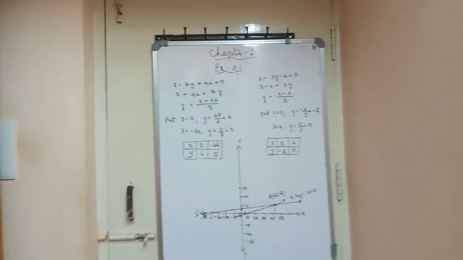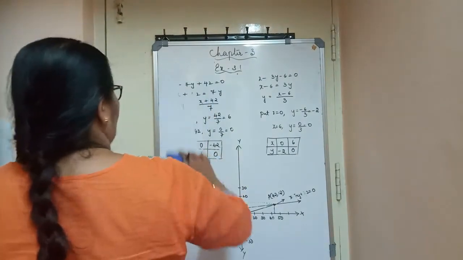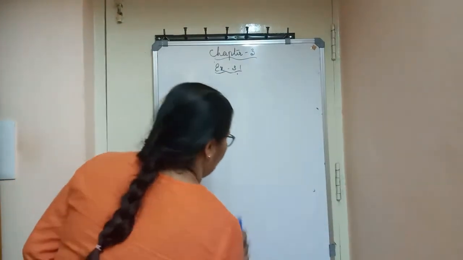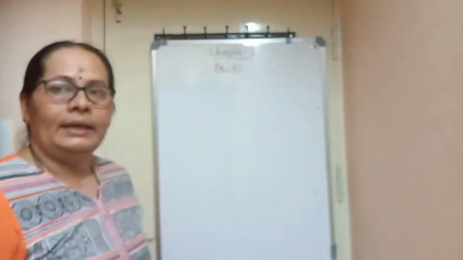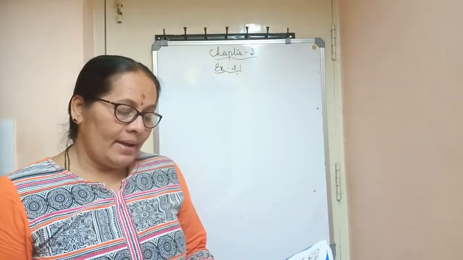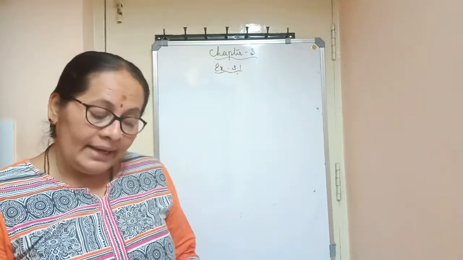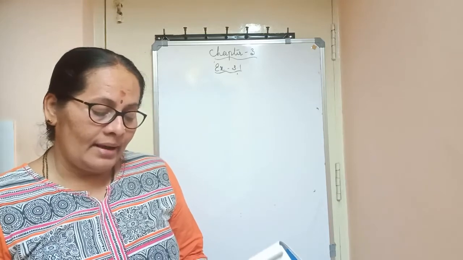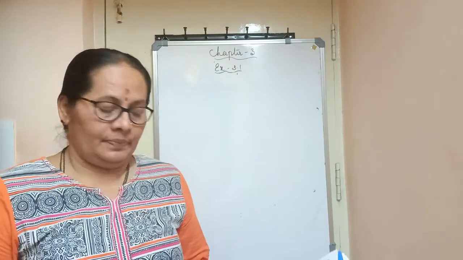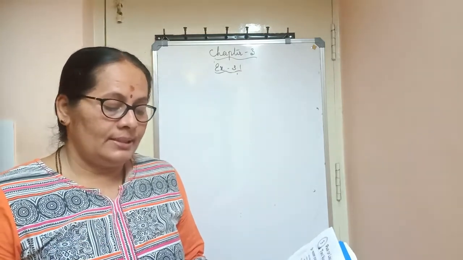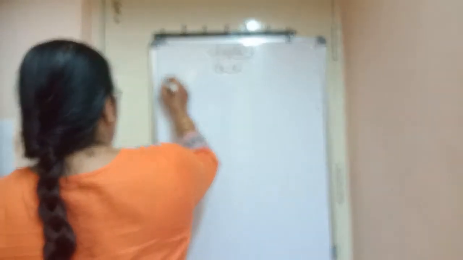Example 2. In this example 2, the coach of a cricket team buys 3 bats and 6 balls for rupees 3,900. Later, she buys another bat and 3 more balls of the same kind for the same price. Represent this situation algebraically and geometrically. Now, second question.